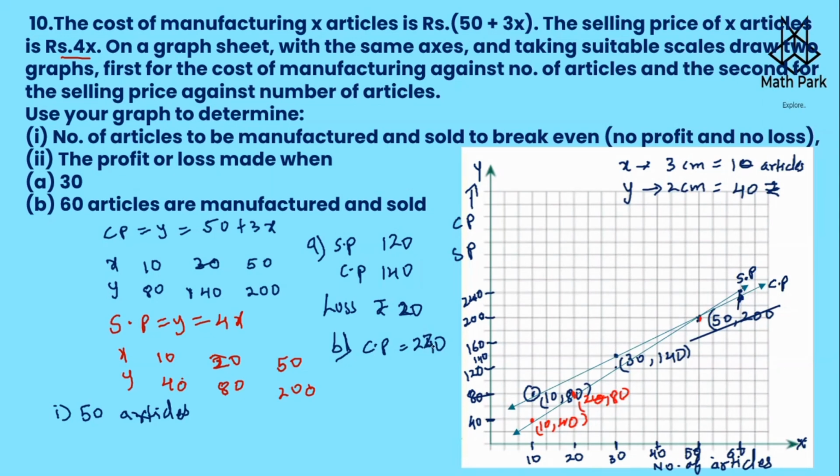Just go from 60 and see where the graph reaches. And your selling price is 240. So since the selling price is more, you get a profit of rupees 240 minus 230, that is rupees 10. Got it? So thus we have completed the exercise 27B, children.